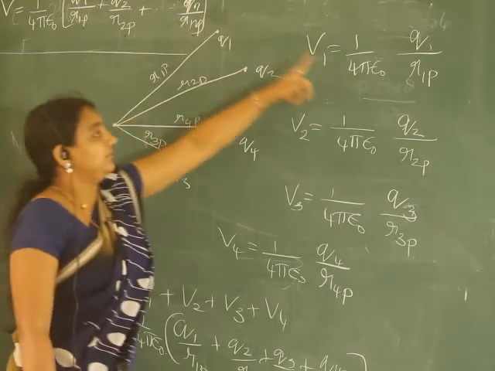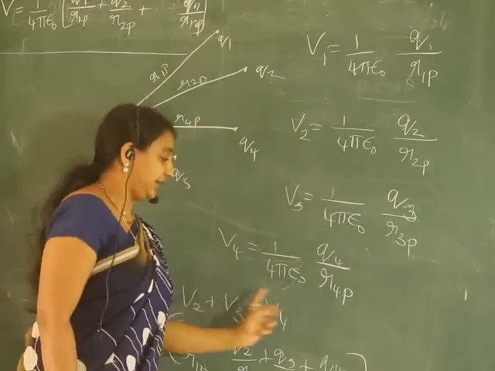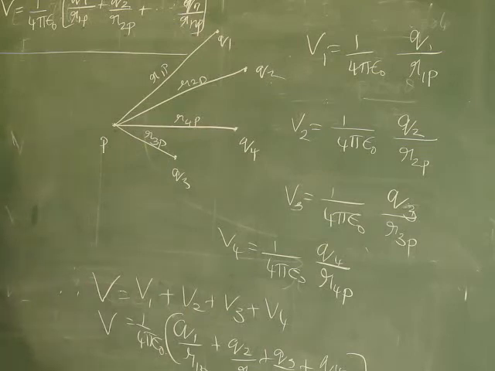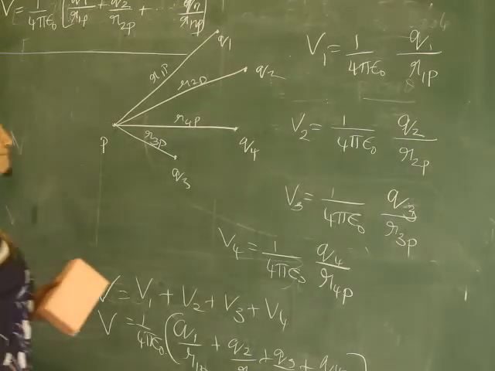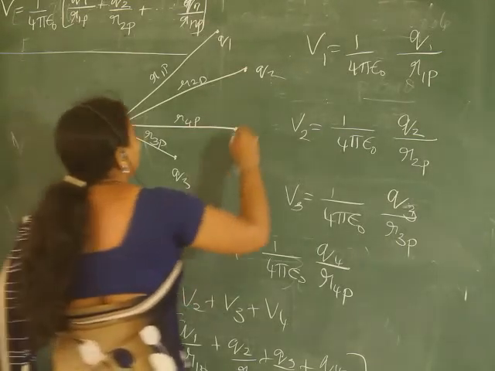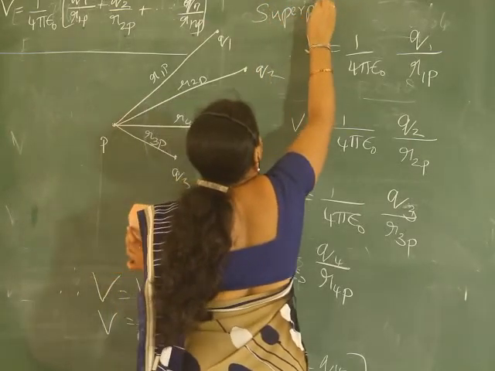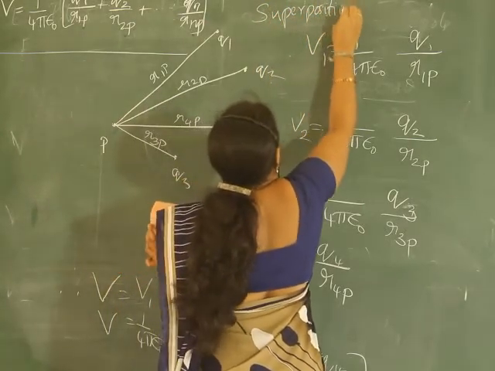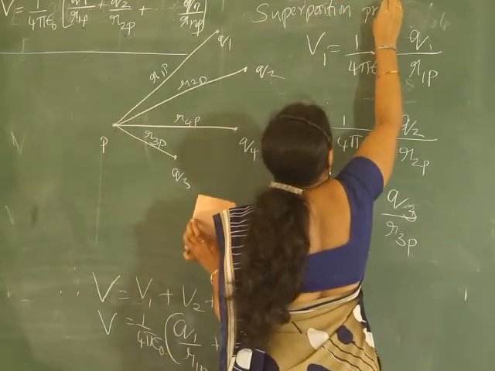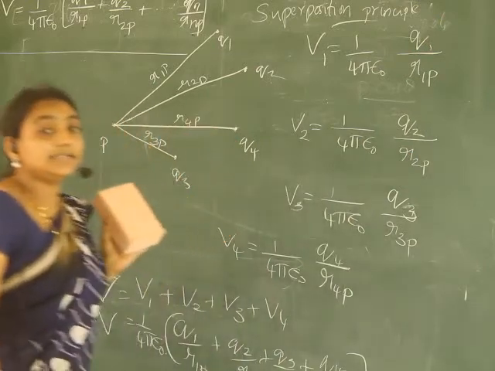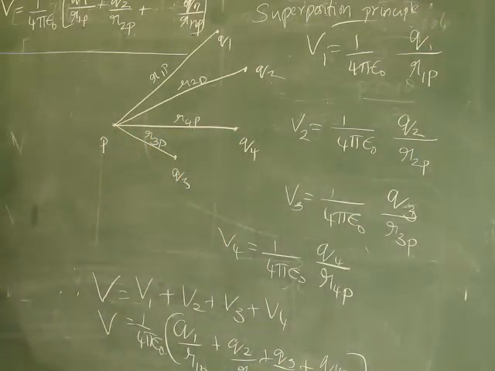Initially we will take Q1, then Q2, Q3, Q4, then add all these. So this is the expression for the system of charges. I can say this is nothing but the superposition principle in the case of potential. As in the previous chapter, this is also a superposition principle due to the system of charges present.